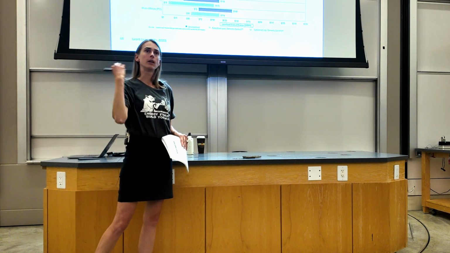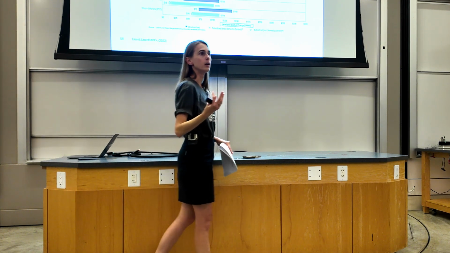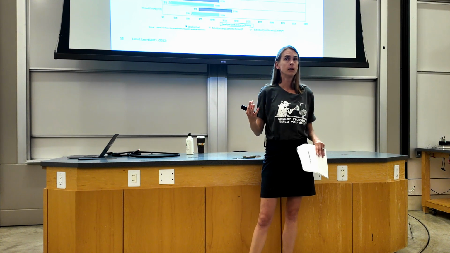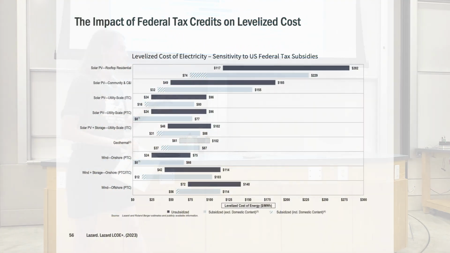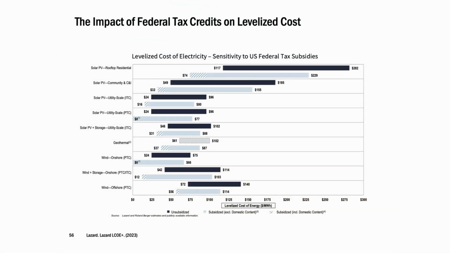The Lazard LCOE analysis that we show you is unsubsidized. It doesn't take into account these tax credits, but this chart shows you the impact from Lazard. It shows you the impact on levelized cost of energy of these federal tax credits. So they're pretty significant. You can get anywhere from a tax credit covering 6% of the cost of a project, up to 70% of the cost of a project.